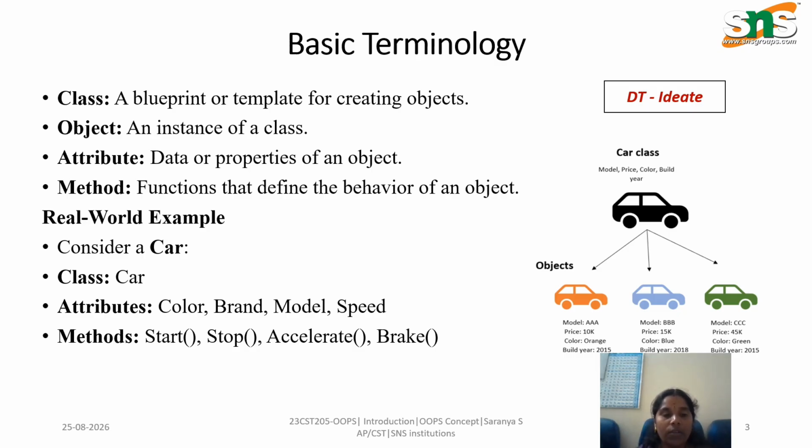As a real-world example, consider a car. A car is a class, and color, brand, model, speed are the attributes, and methods are start, stop, accelerator and brake.